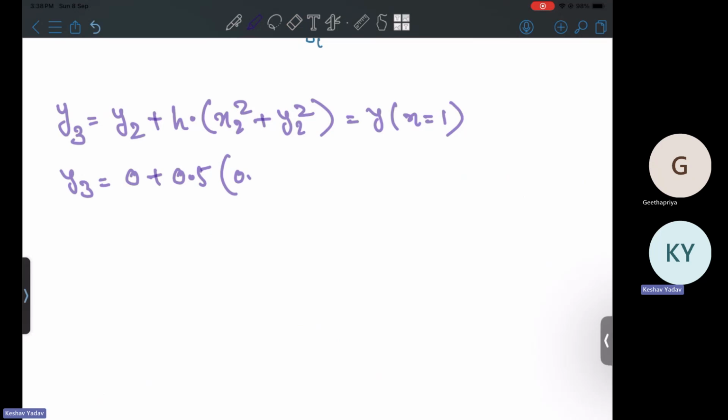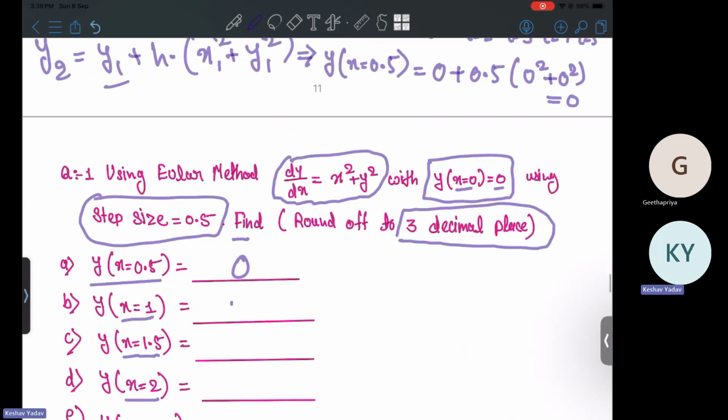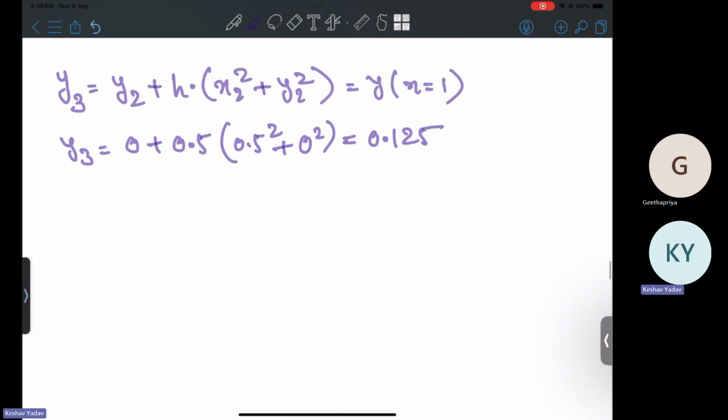This is 0.5 squared plus 0 squared. So from here, what value will we get? It will be 0.125. Okay. Now we want to find y4.